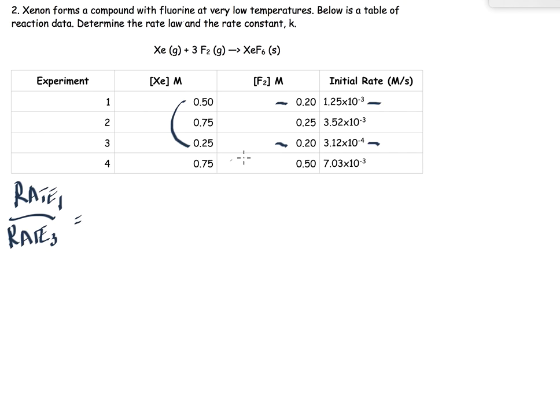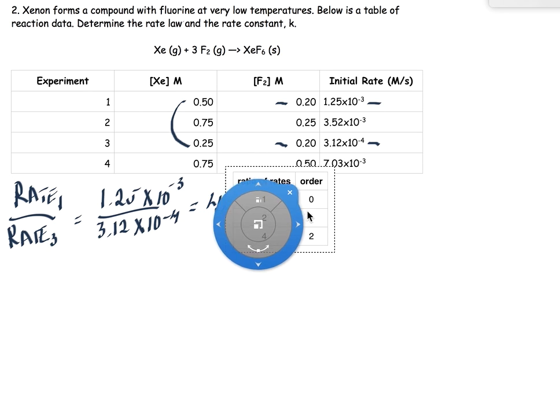So what we get here is 1.25 times 10 to the minus 3 divided by 3.12 times 10 to the minus 4. And what we get here is 4.01, which is about equal to 4.